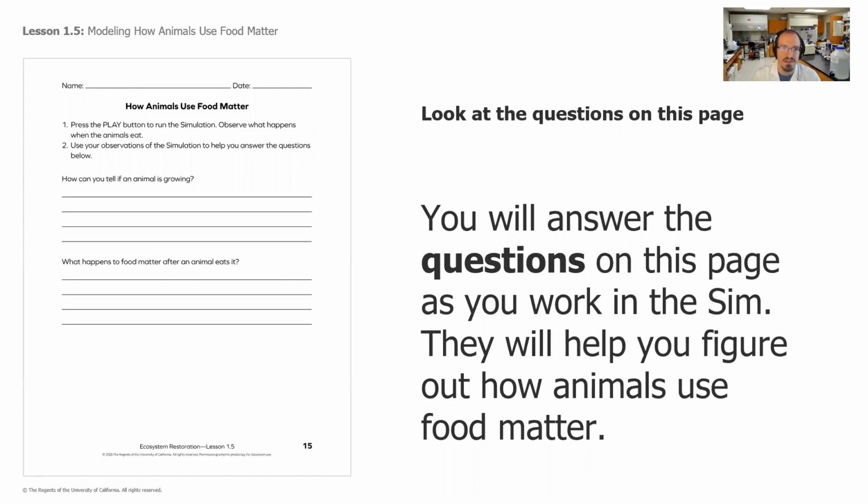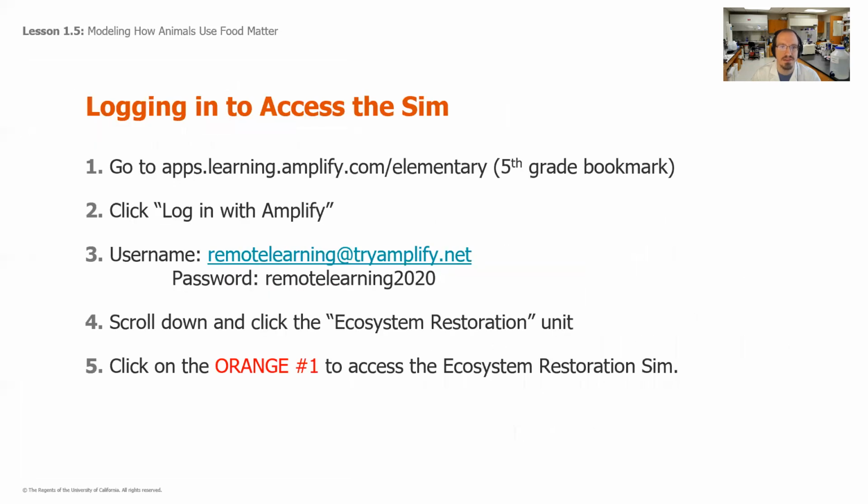If we look at the instructions up at the top, it says press the play button to run the simulation, observe what happens when the animals eat. We're going to use observations of the simulation to help us answer these 2 questions. The first question is, how can you tell if an animal is growing? And the second is, what happens to food matter after an animal eats it? Those are the 2 questions we're going to be focusing on as we're looking at the simulation.